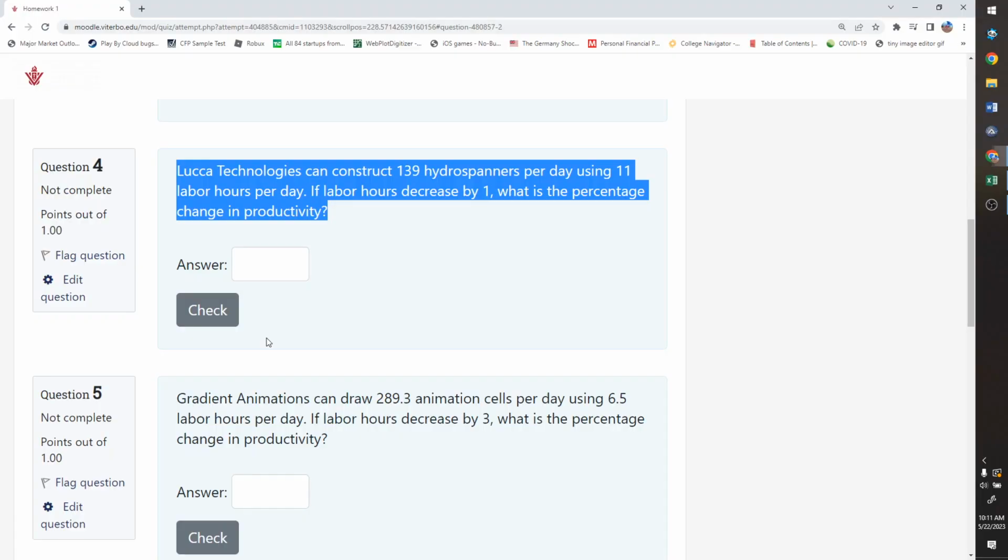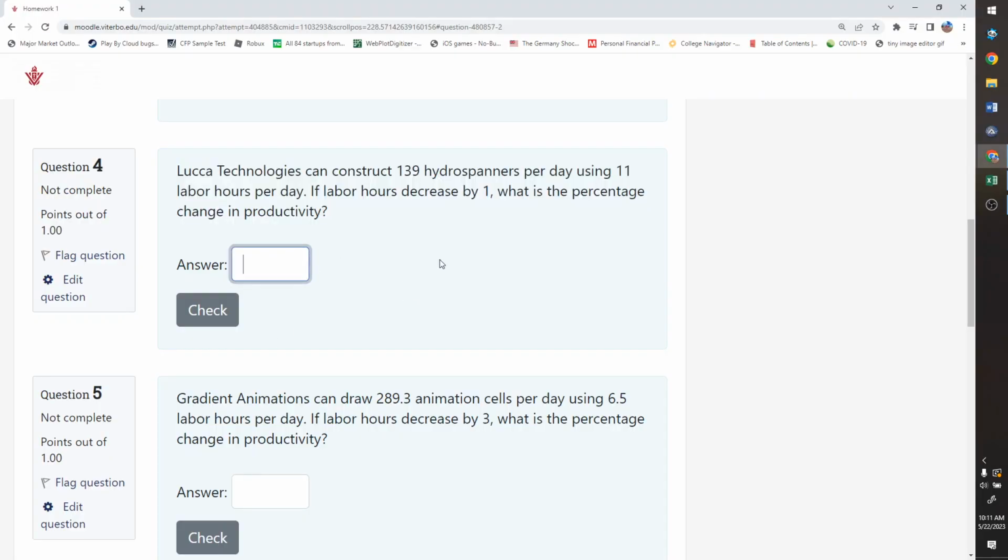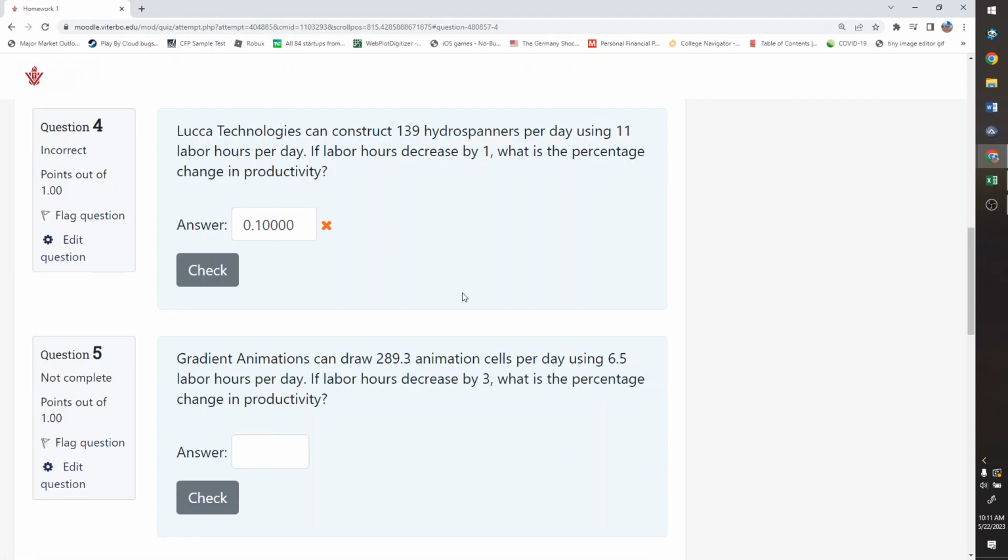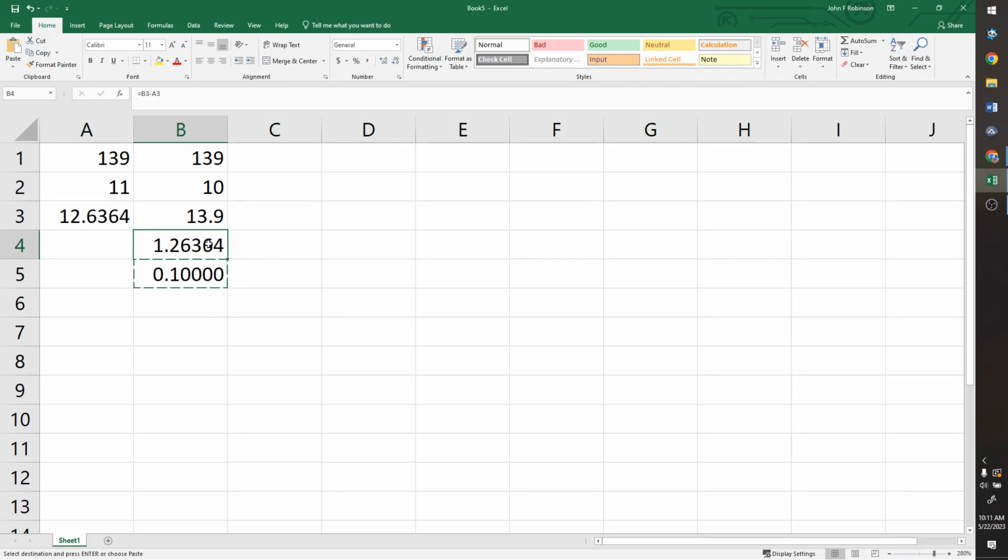And we'll see if it likes us. Percentage change in productivity. No. If labor hours decrease by 1, is percentage change in productivity. Let's just try new, see what happens. Oh, wow, that is not right. Okay, hold on. And now that's backwards.